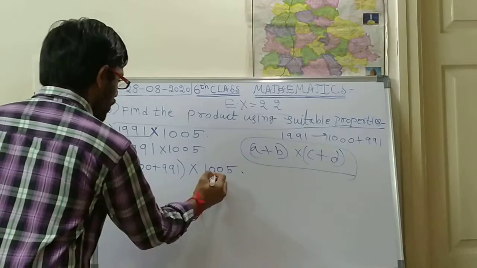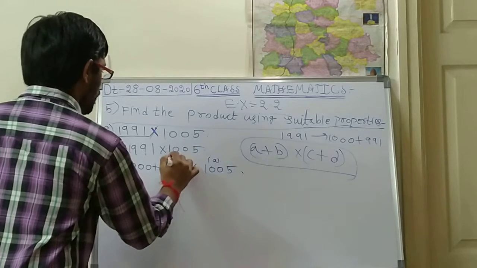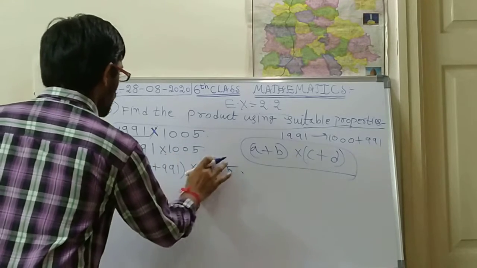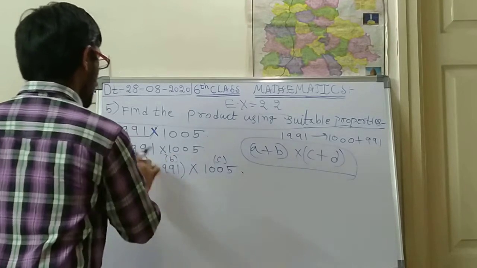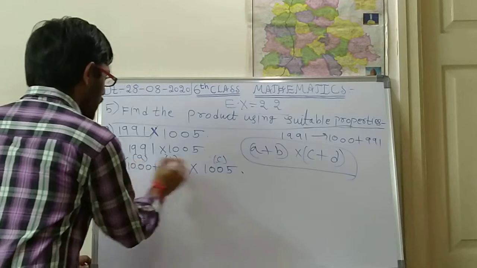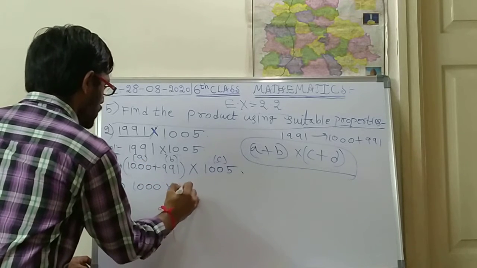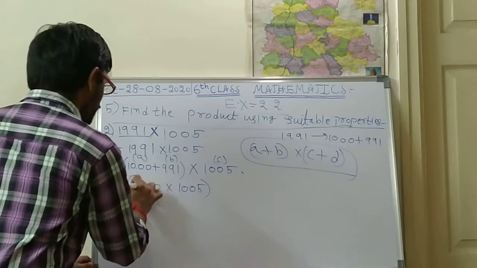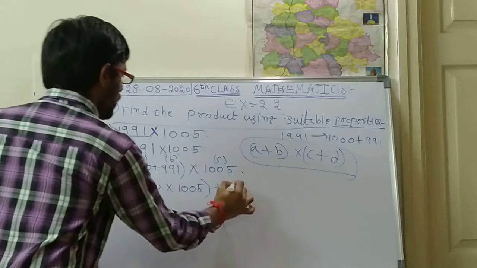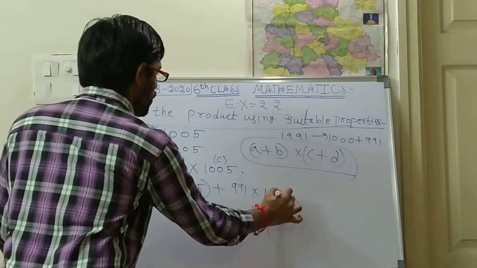So now a into (b plus c) is a into b plus a into c. Instead of like this you can also convert (a plus b) into c. So a into c, so 1000 into c, 1000 into 1005 plus 991 into 1005.